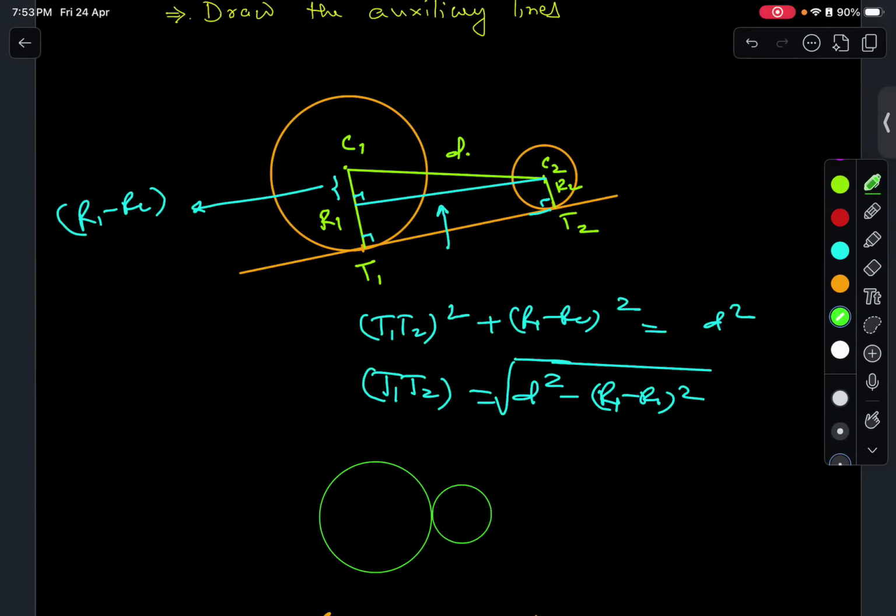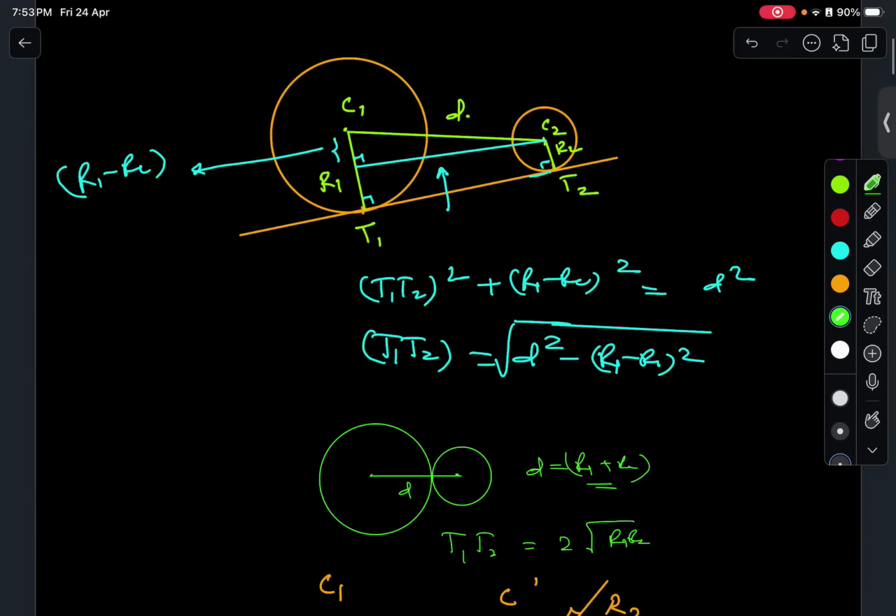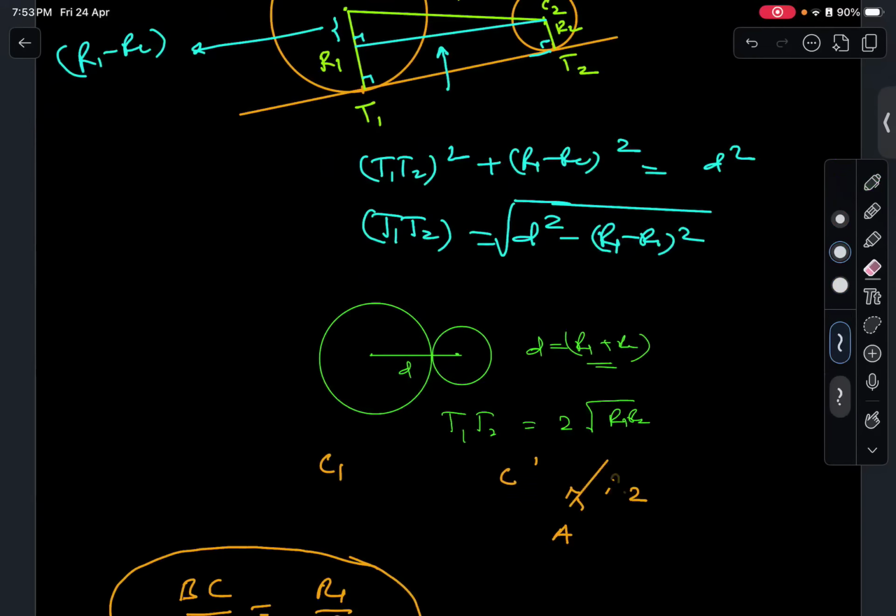If the circles touch, then the distance between the centers D is nothing but R1 plus R2. So T1, T2 is the square root of R1 plus R2 whole square minus R1 minus R2 whole square, which gives twice the square root of R1 R2. Very simple, right? But you have to remember this formula and its proofs too.